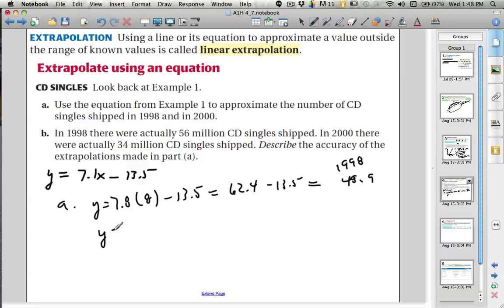And for the year 2000, it's 7.1 times 10 minus 13.5, which is 71 minus 13.5, so 57.5.